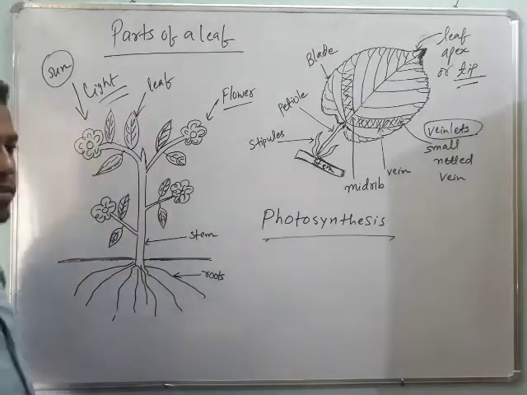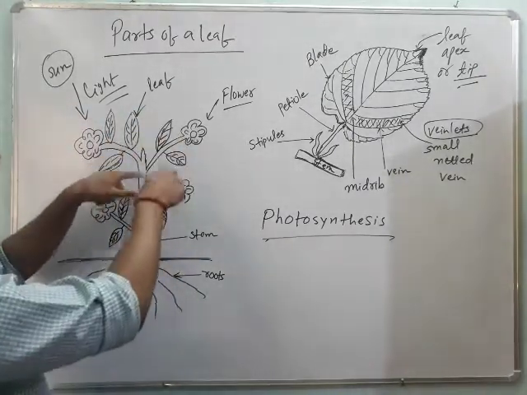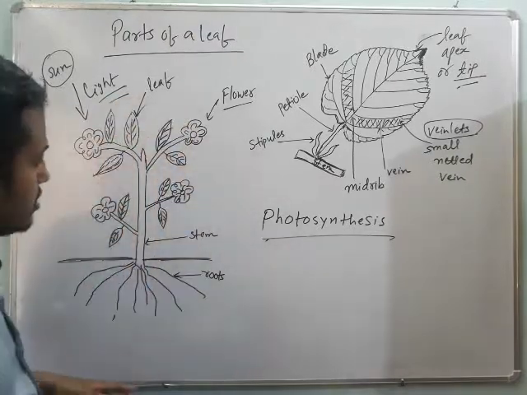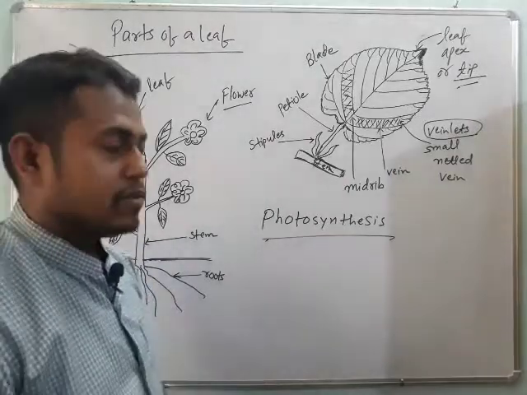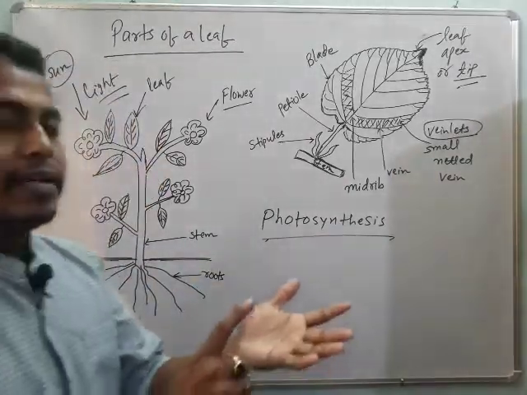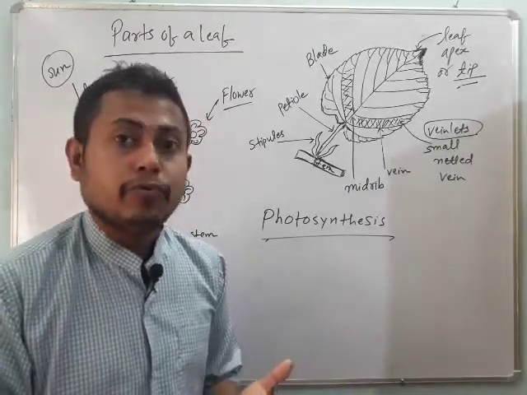This is the plant, this is the structure of the plant. How leaves, flowers, everything gets energy or everything gets functioned. Now I will tell you how plants make their own food.